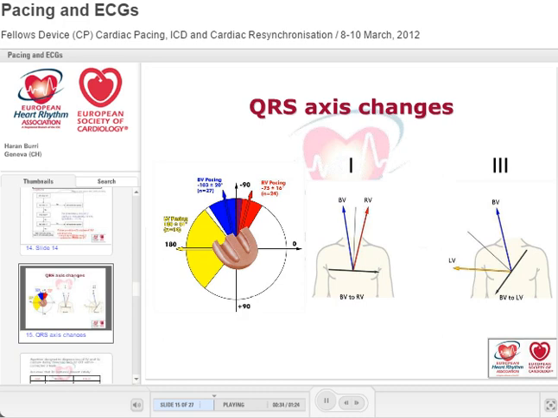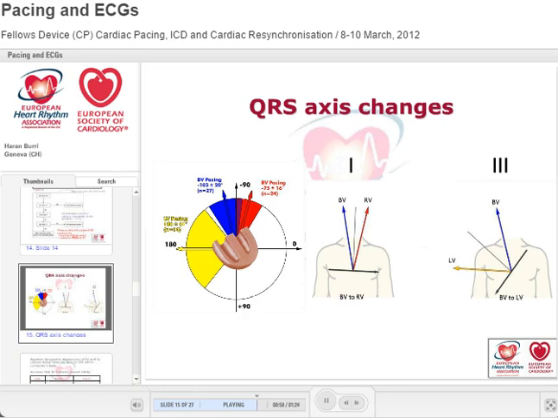And with BiV capture, it's going to be somewhere in between, depending, of course, on the contribution of the right and the left ventricles. Okay, so bearing this in mind, you can see that lead 1 is most likely to show differences in capture between BiV capture and RV only pacing, that's to say loss of LV capture.